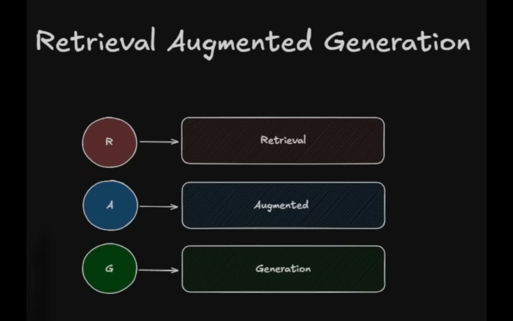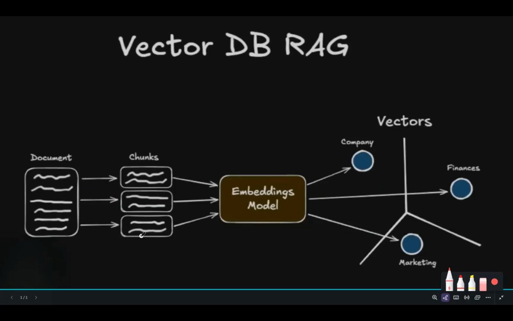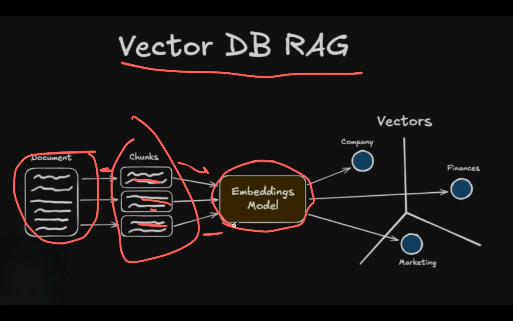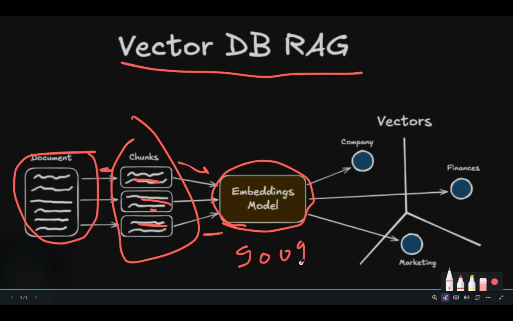And let me just tell you what RAG is. RAG stands for retrieval augmented generation, and here we have the vector database RAG. So we have our documents, and it takes the document itself, then chunks it, like this is our PDF, and it chunks it, let's say into 10 pages, and then there's the embedding model. This is the one from Google, and this is what it does.